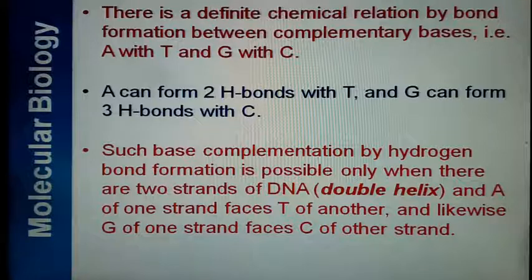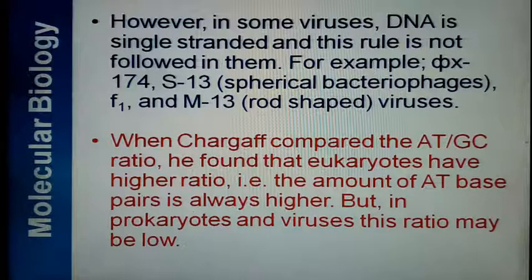So such base complementation by hydrogen bond formation is possible only when there are 2 strands of the DNA double helix, and A of one strand faces T on the other and likewise G on one strand faces C of the other. So it was Chargaff who at first suggested that DNA is double-stranded.